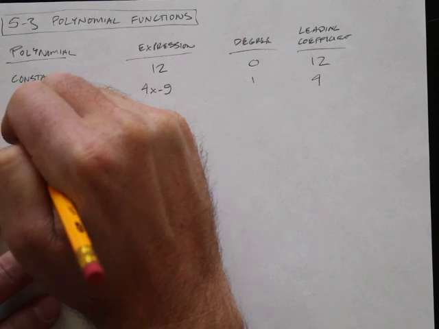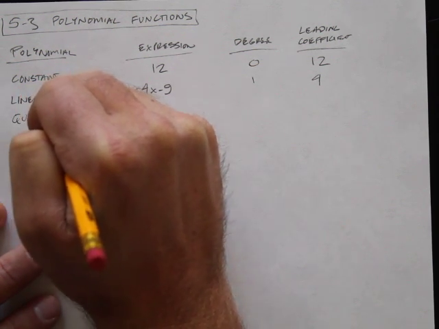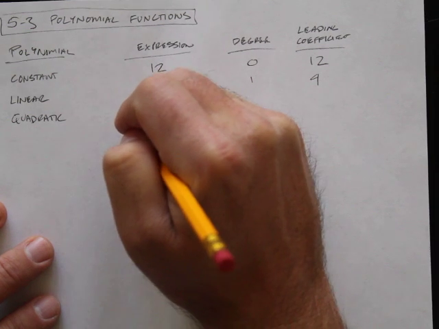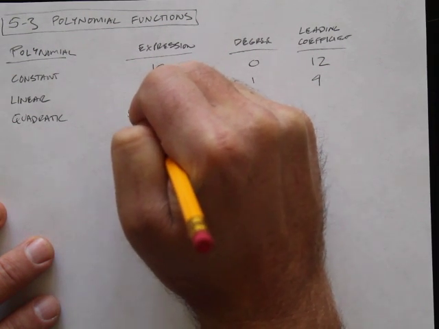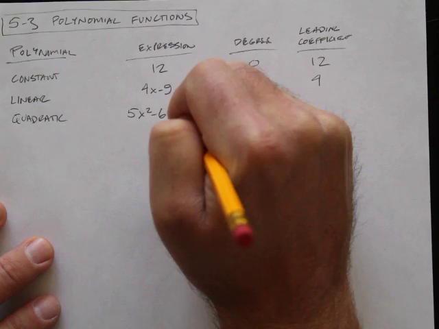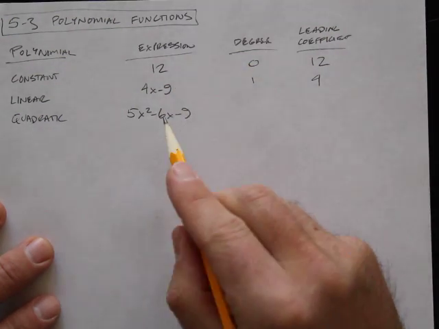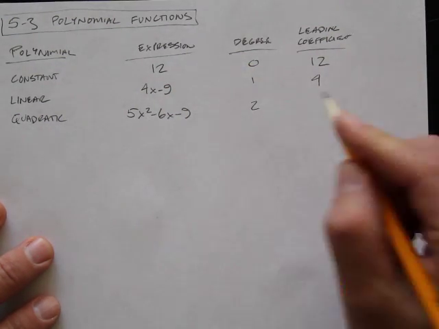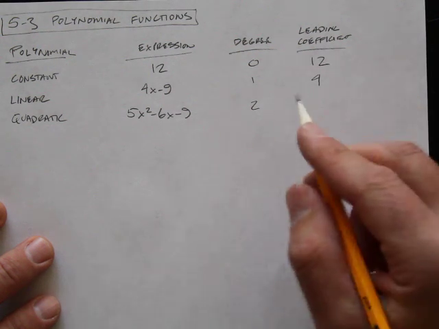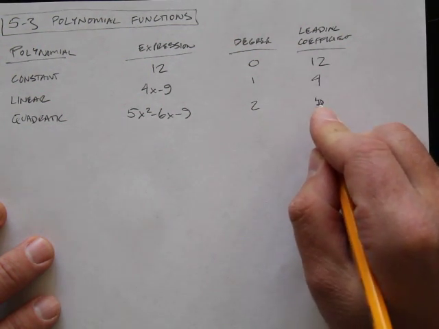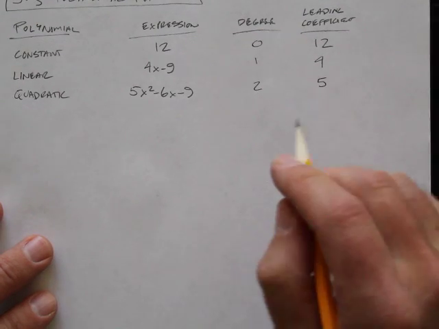Quadratic. This is something like 5x squared minus 6x minus 9. The degree here is 2, and the leading coefficient is 5. Cubic.